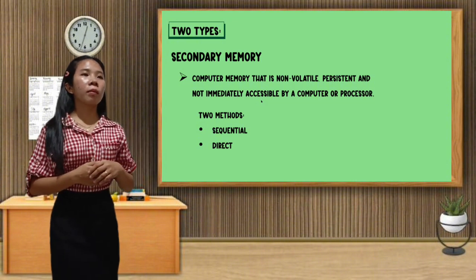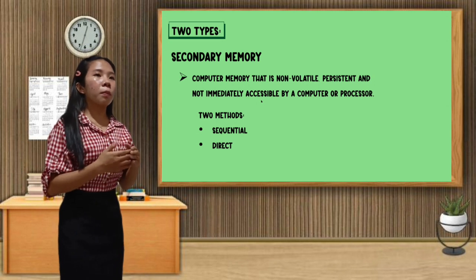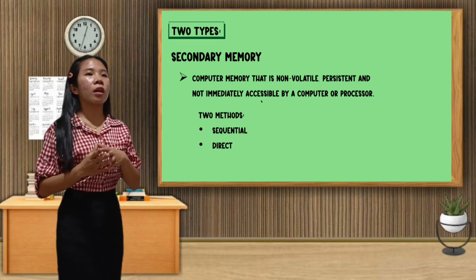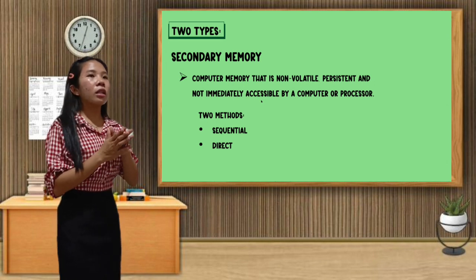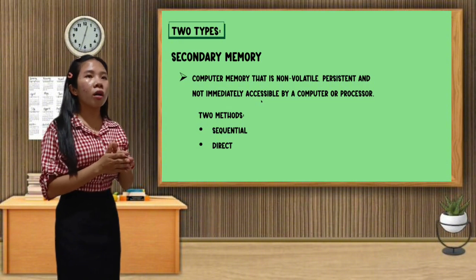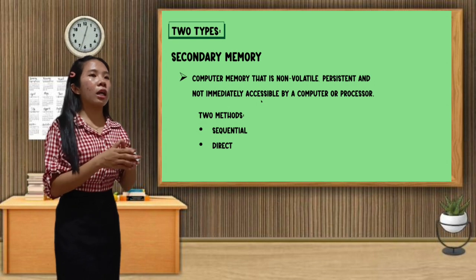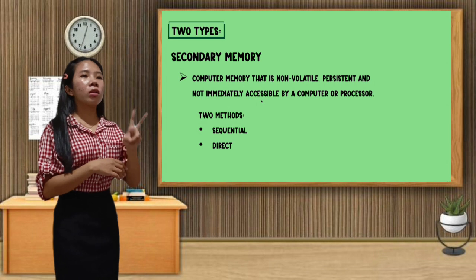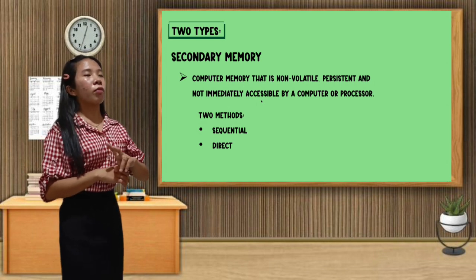The secondary memory is a computer memory that is non-volatile, persistent, and not immediately accessible by the computer or processor. So for secondary memory there are two methods for accessing the data from it.